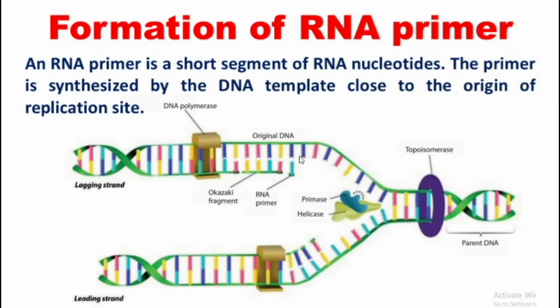So this is the RNA primer. This is the nucleotide which has been added first to the DNA template. After the addition of the RNA primer, the nucleotides are continuously added one by one based on the information, that is the nucleotides which are present on the template.